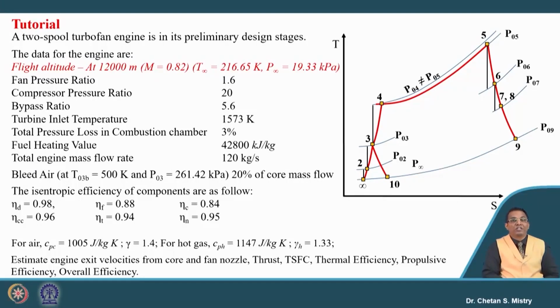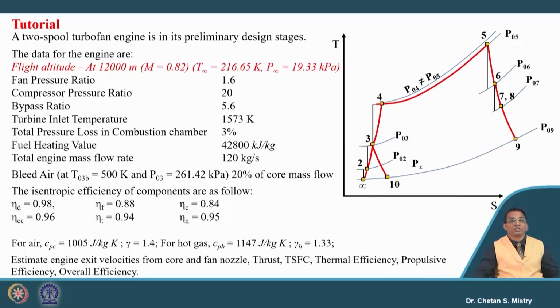We are also given the isentropic efficiencies of different components: diffuser efficiency is 98%, fan efficiency is 88%, compressor efficiency is 84%, combustion chamber efficiency 96%, turbine efficiency 94%, nozzle efficiency 95%. Specific heat ratio for air is 1.4 and for gas it is 1.33, and we need to calculate the velocities, thrust specific fuel consumption, thermal efficiency, propulsive efficiency and overall efficiency.